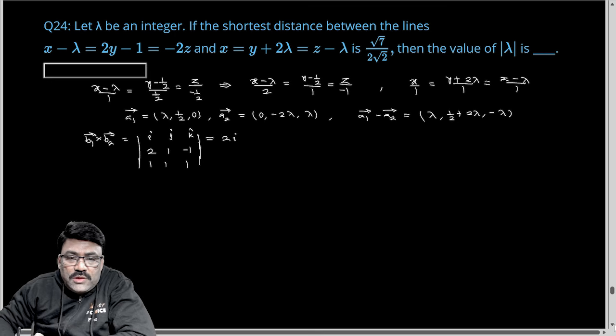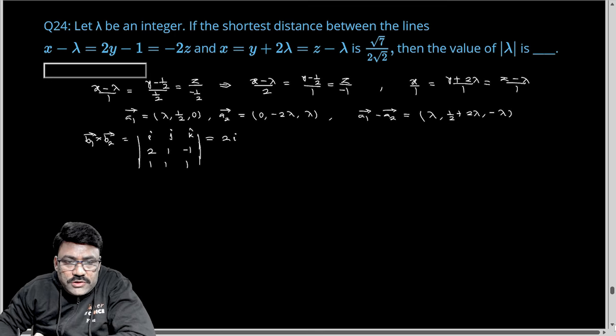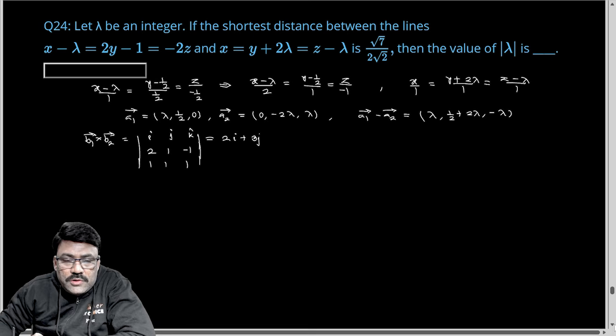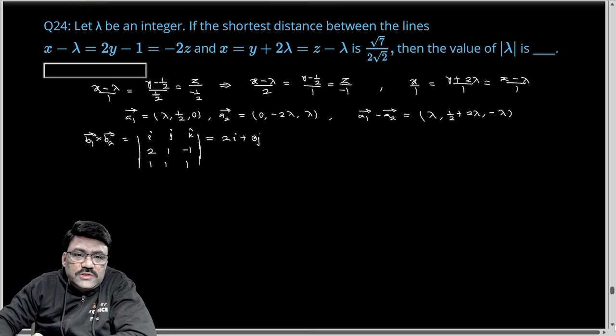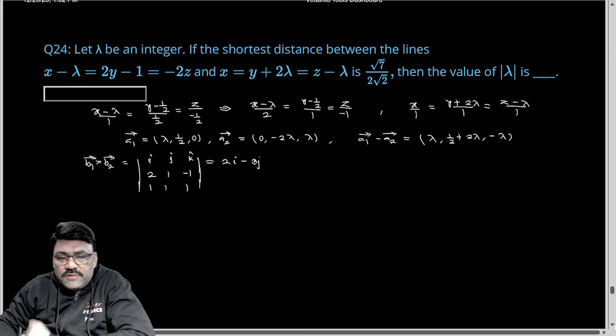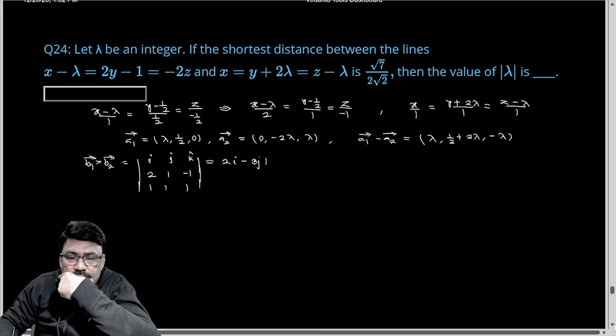Then with j I am getting 2 plus 1, minus 3j. And with k I will get 2 minus 1, plus k.